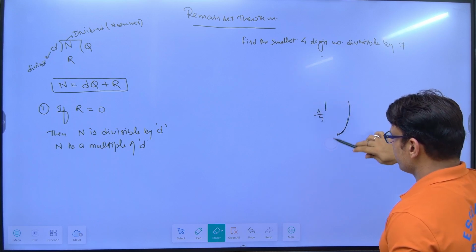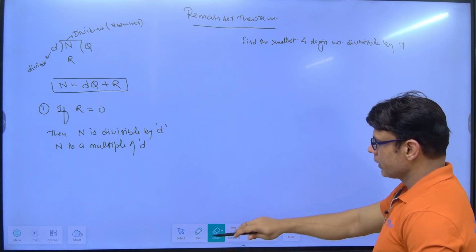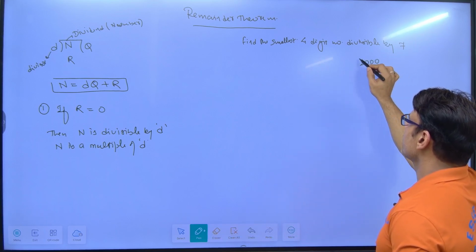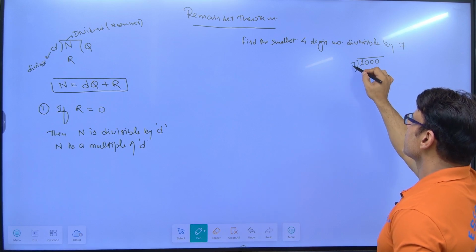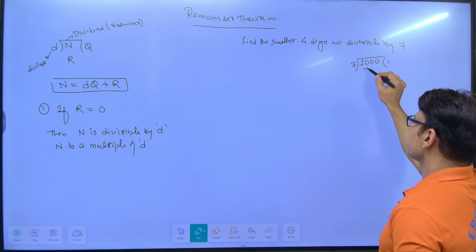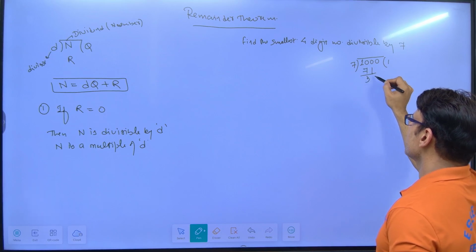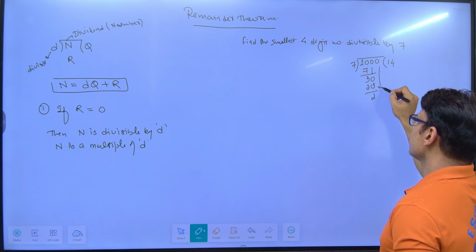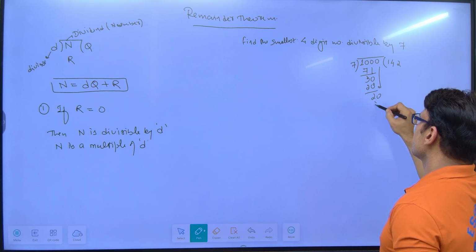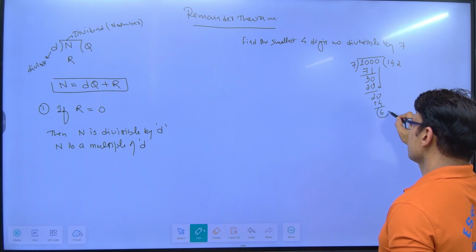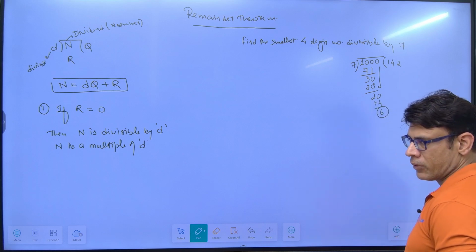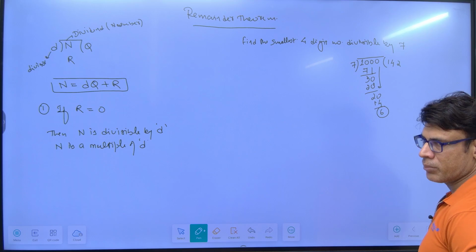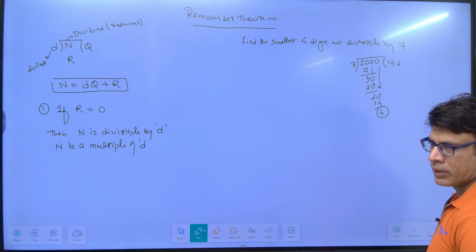For that, first you take the smallest 4-digit number, 1000, and divide by 7. 7 ones are 7, 3 and 0, 7 fours are 28, then 2 and 0, 7 twos are 14, remainder is 6. Now don't subtract 6. Why? If you subtract 6 from 1000, the number will become a 3-digit number.